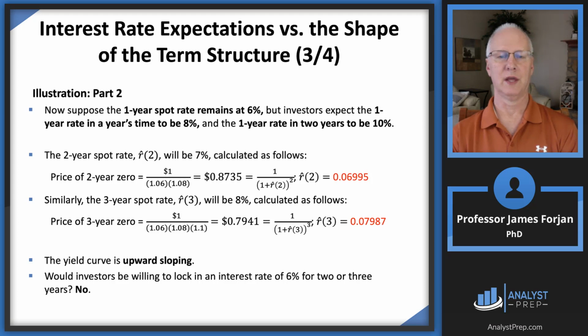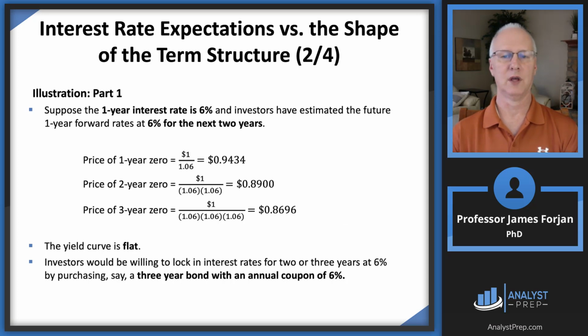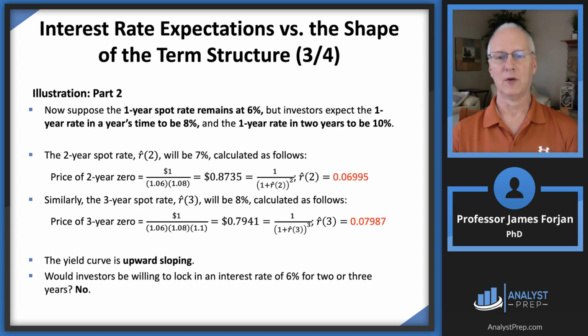But notice that if we have this upward sloping yield curve, the price of the 2-year is 87 cents and the price of the 3-year is 79 cents compared to 89 and 86 cents, right? Which means that those spot rates, which are 6% today, must be 7% and 8% in the next couple of years. So this is an upward sloping yield curve.